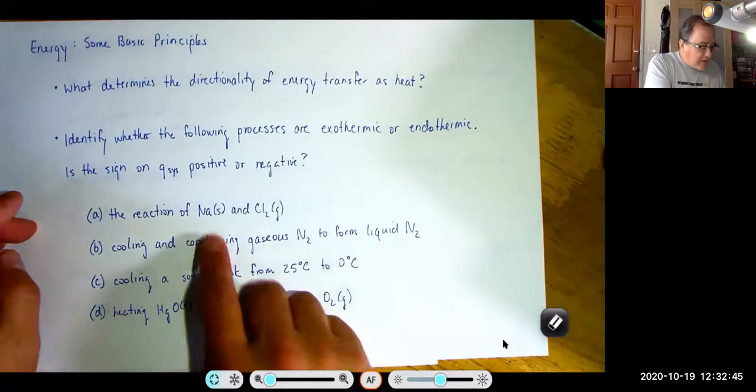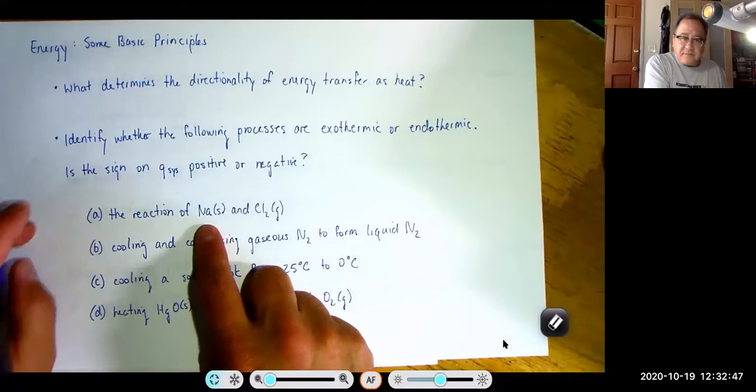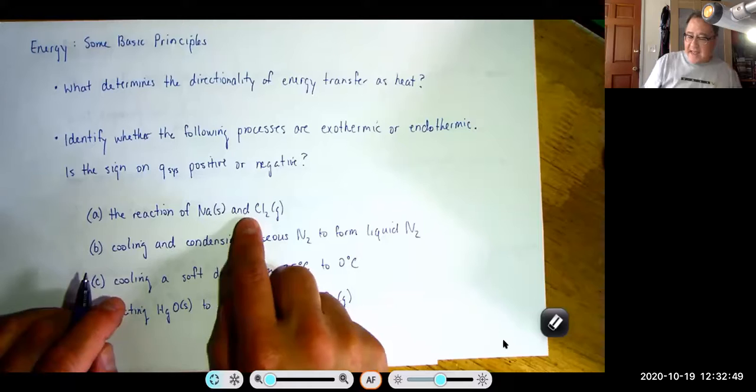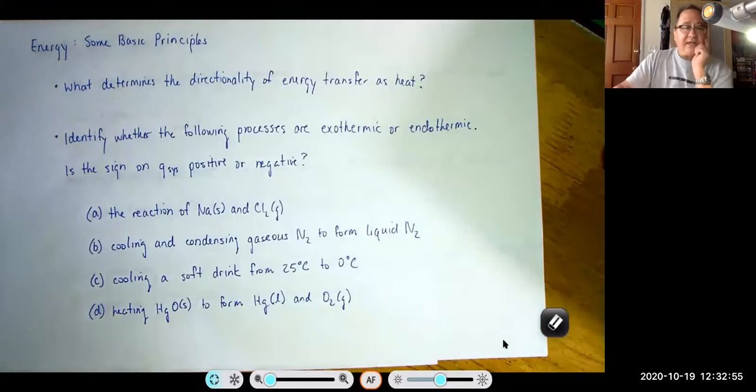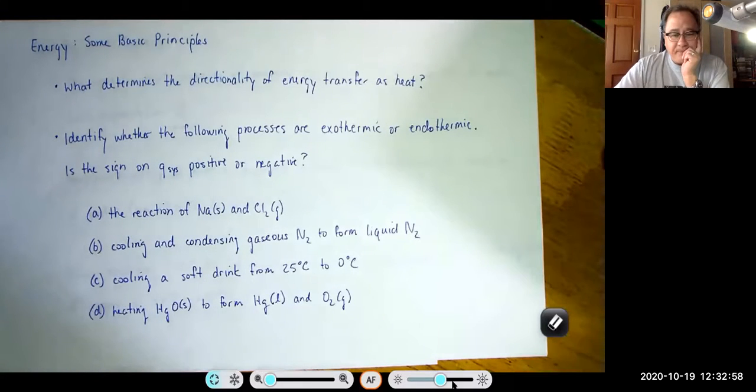Okay, the reaction of sodium solid with chlorine gas. So that's a tough one if you've never seen the reaction before. So let's take a look at that on the internet. There is a picture in the book, but it's always more exciting to see this on the internet. So I'm going to go to my share, and I'm going to share the internet.